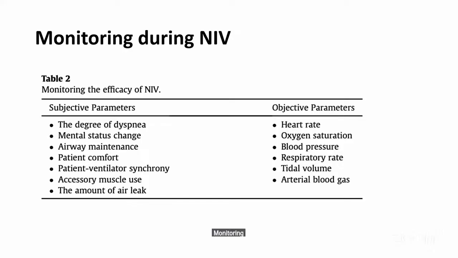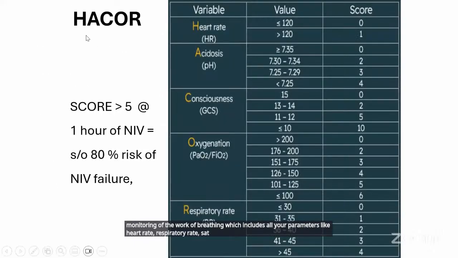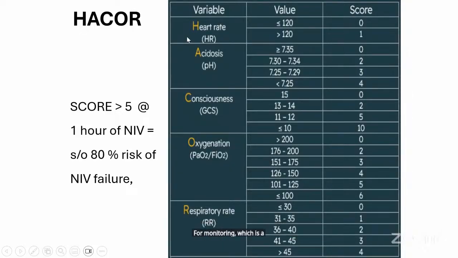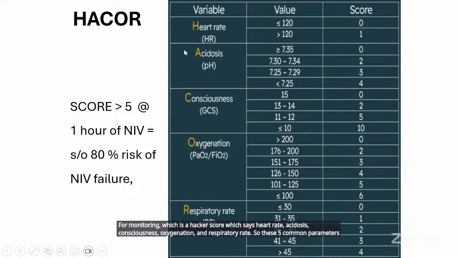Monitoring during NIV: the main thing you have to monitor is the work of breathing, which includes all your parameters like heart rate, respiratory rate, and saturation. For this, we have a monitoring score, the HACOR score, which stands for heart rate, acidosis, consciousness, oxygenation, and respiratory rate. These 5 common parameters you want to assess once you put the child on a BiPAP machine.